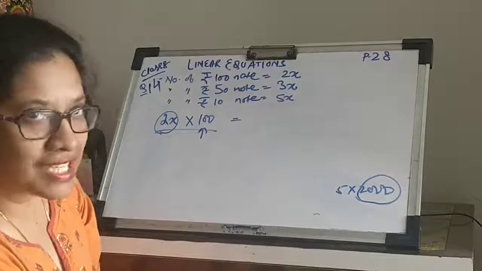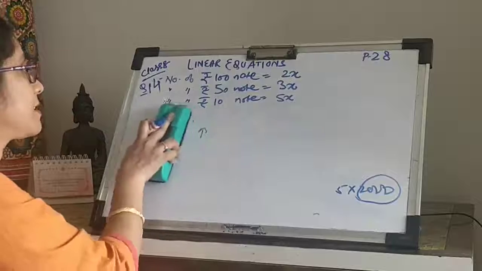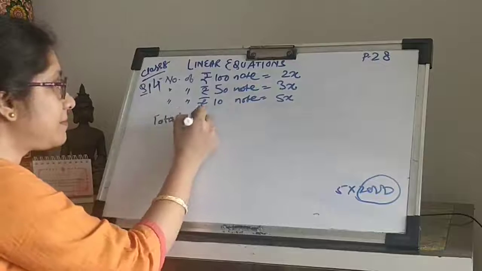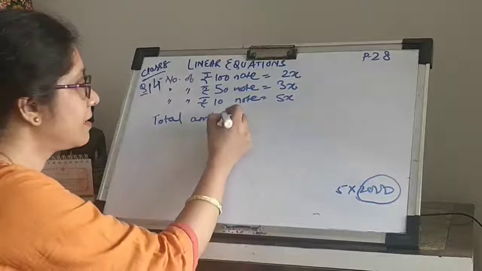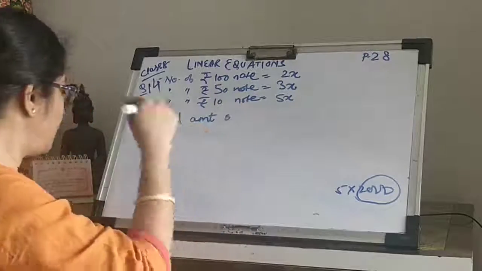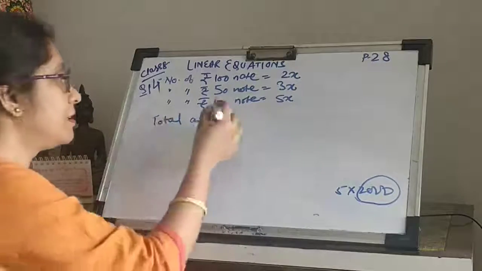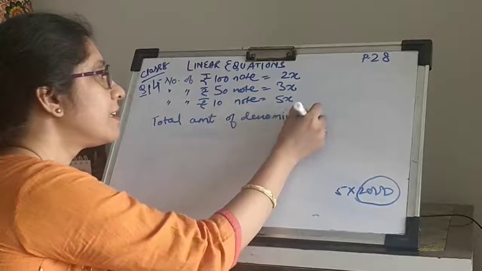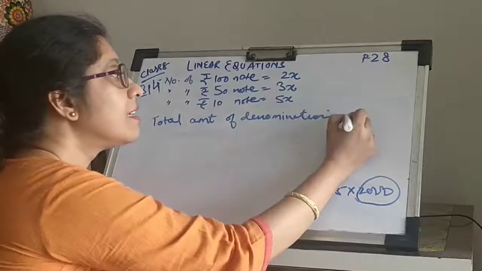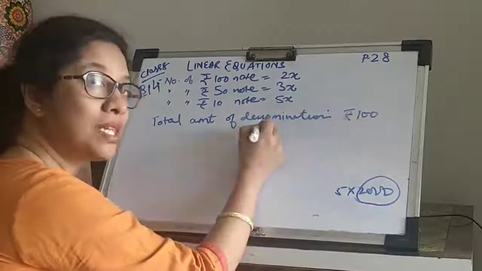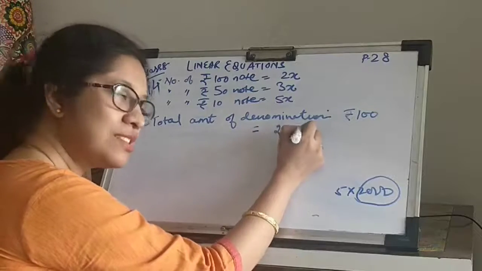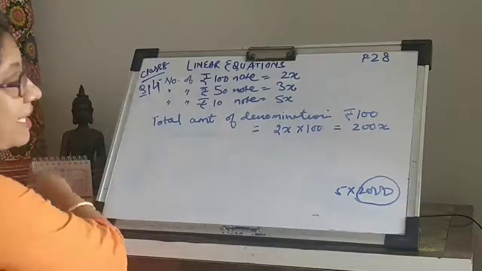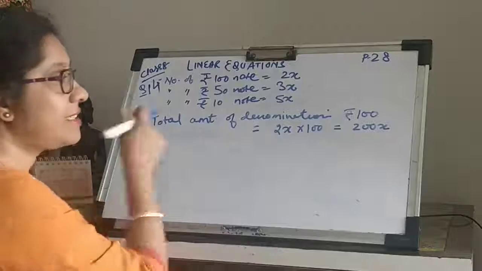Let me write it like this. Total amount of denomination of rupees 100 will be 2x into 100, which will be 200x. Correct?